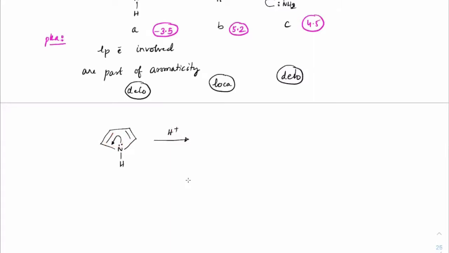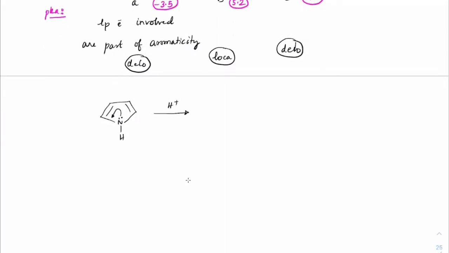That lone pair will appear as negative charges at different locations. If you write all the canonicals, we have N with a double bond, positive charge here, negative charge here, double bond. And again this would come here, and the negative charge will appear here.